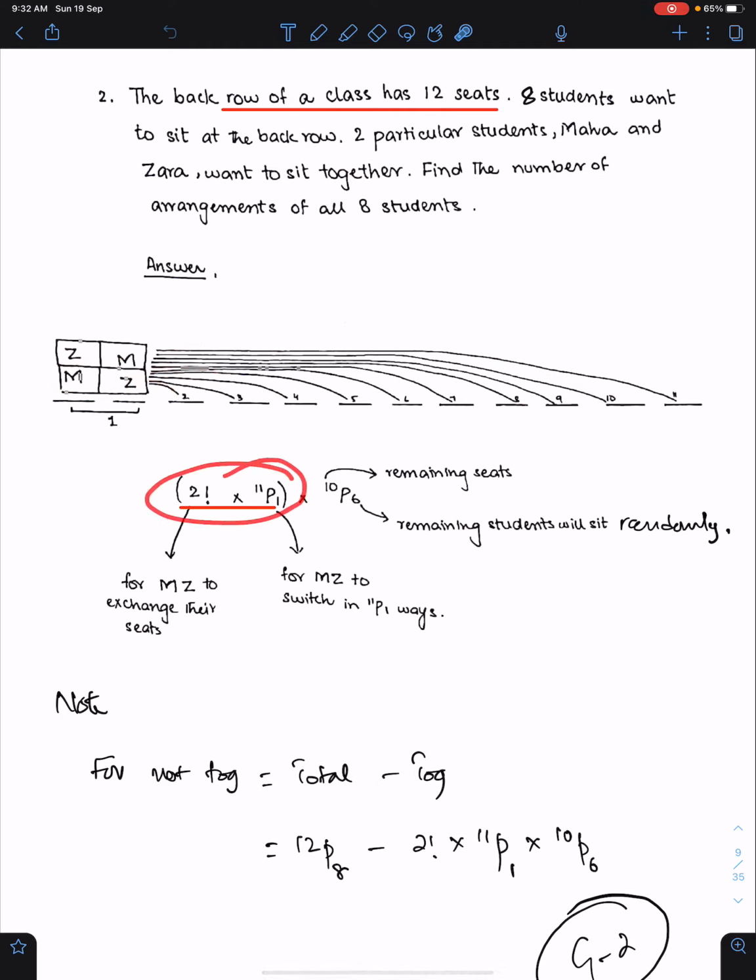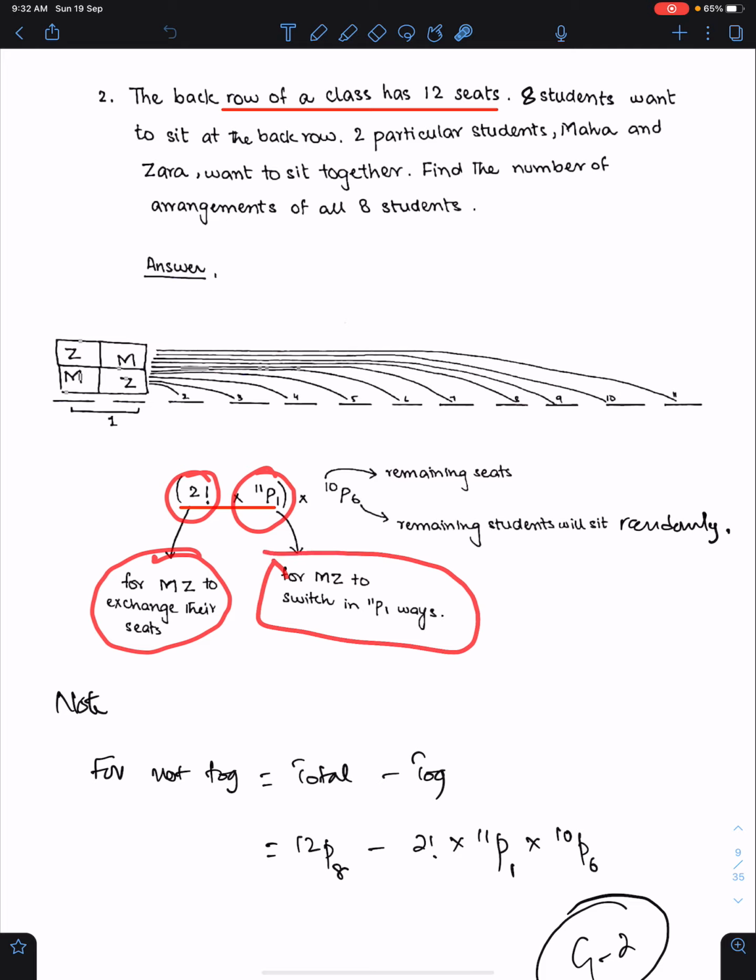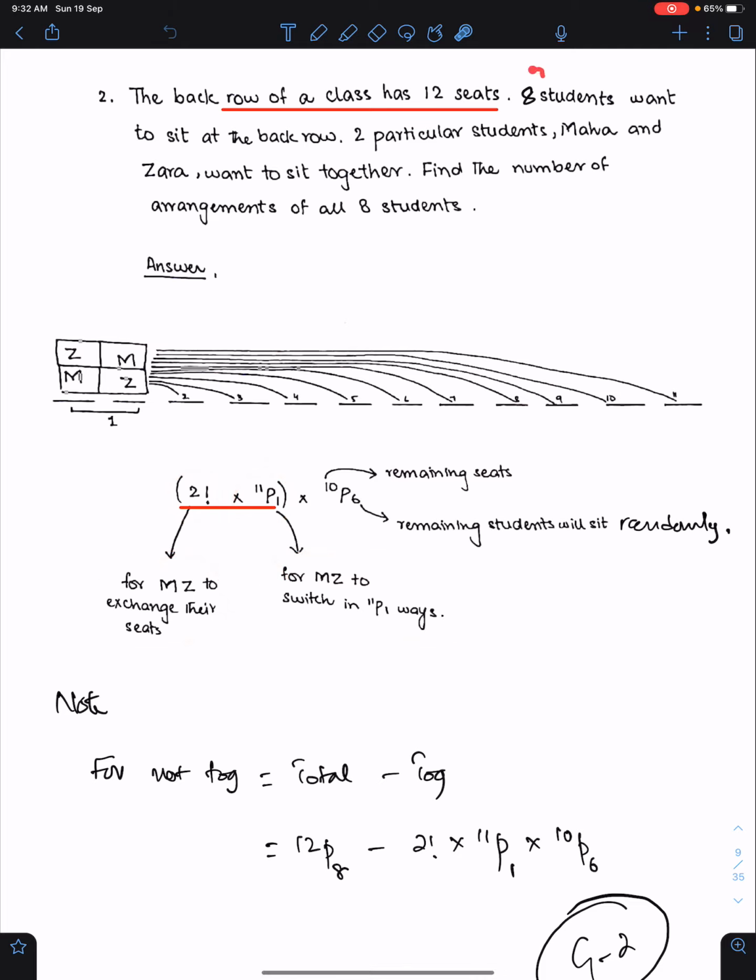So write 11P1 here. This 2 factorial is for MZ to exchange their seats, and 11P1 is for the MZ group to switch in 11P1 ways. Now we have 6 more students to arrange and we have 10 empty seats. So we can write 10P6, and these 6 students can sit randomly.